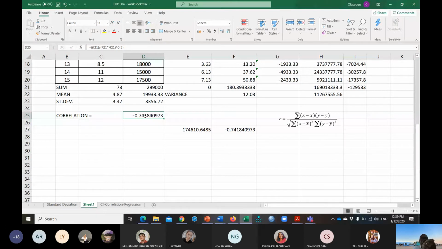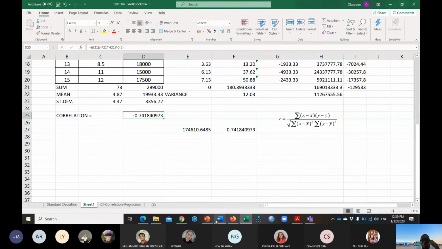It shows that there is an inverse relationship between distance and the rental income. The longer the distance, the lower the rental income, or the shorter the distance, the higher the rental income. So this is an inverse relationship.